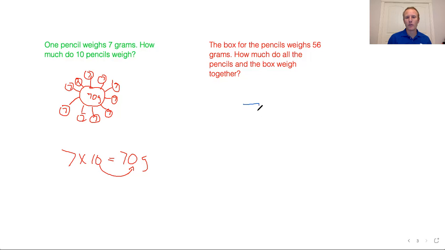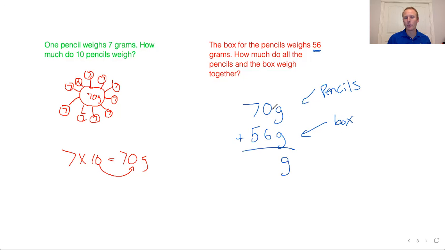So we know we have 70 grams, and that's the pencils. And then we also know we have 56 grams from the problem for the box. And because we're finding the total, that means we're adding. So again, our unit's going to be grams down here.